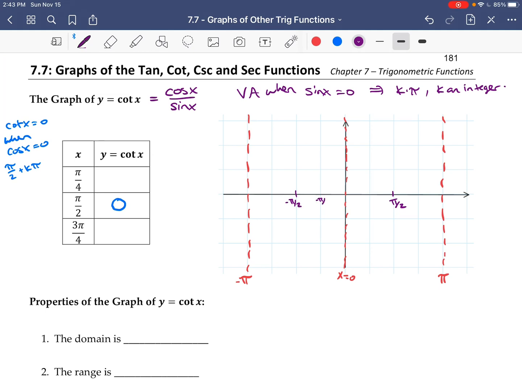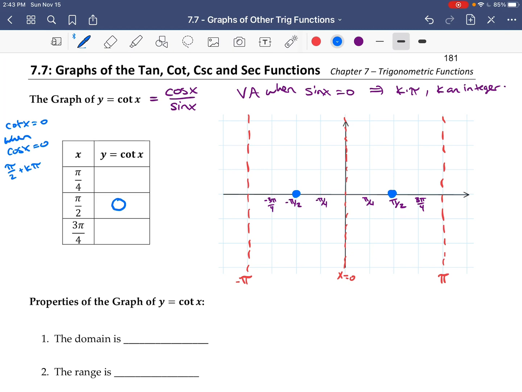This is negative pi by 4, pi by 4, 3 pi by 4, negative 3 pi by 4. So we're going to have zeros at pi by 2 and at negative pi by 2.